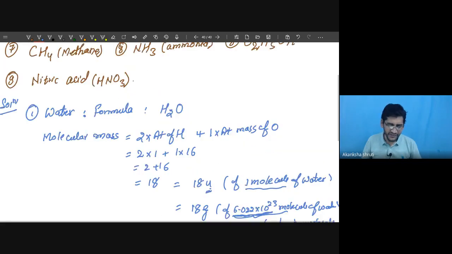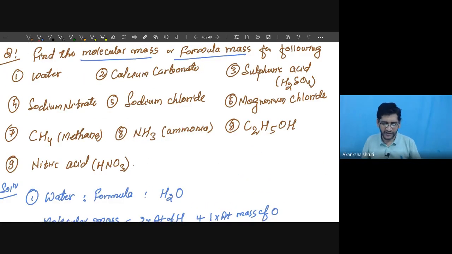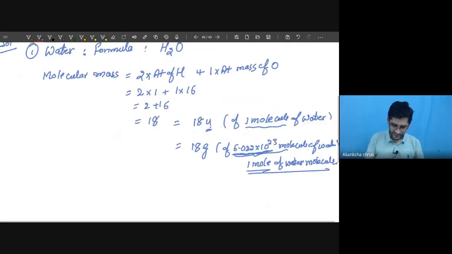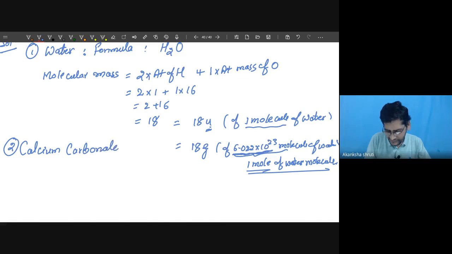Students, now let us calculate for calcium carbonate. You people quickly calculate and tell me for this calcium carbonate. First we need to write its formula.